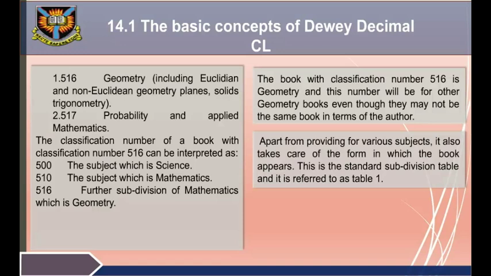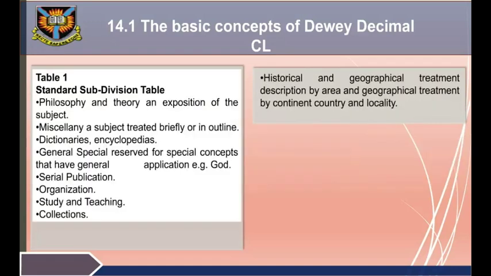Apart from providing for various subjects, it also takes care of the form in which the book appears. This is a standard subdivision table, and it is referred to as Table 1. Standard subdivision table. Philosophy and theory and exposition of the subject. Miscellany is subject treated briefly or in outline.